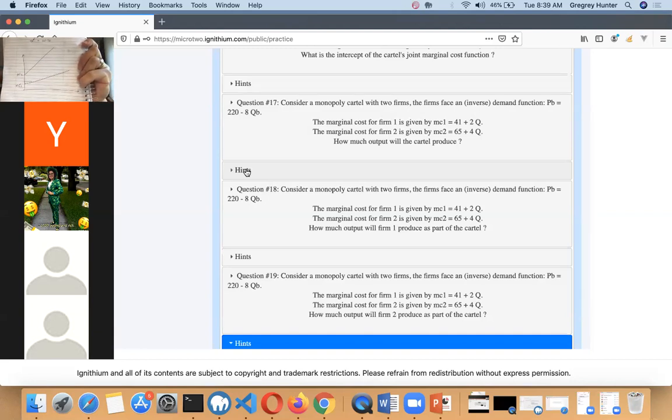If we're going to be really careful with our language, we would say this is the low marginal cost factory and this is the high marginal cost factory.